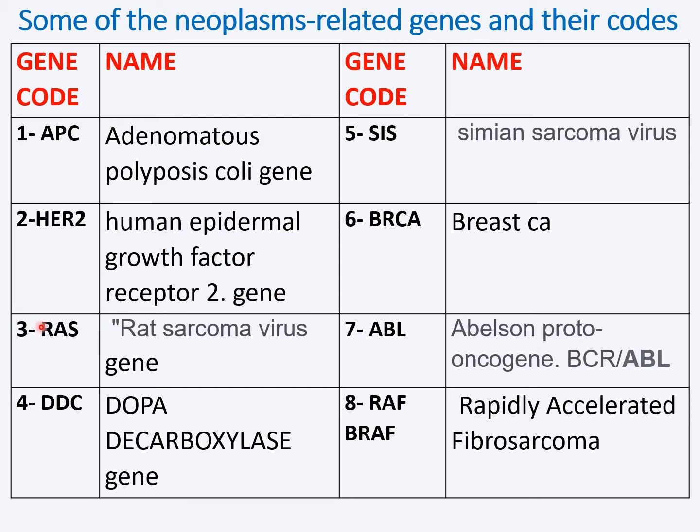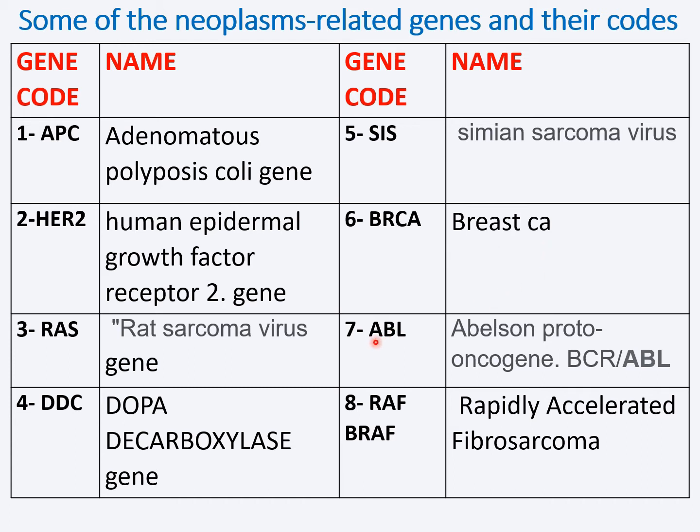Also we have the RAS gene, which is related to rat sarcoma virus. Also we have another code called DCC gene, which comes from deleted in colorectal cancer. Another one is called SIS, which is related to simian sarcoma virus. Also we have BRCA1 and 2, breast cancer gene 1 and 2.